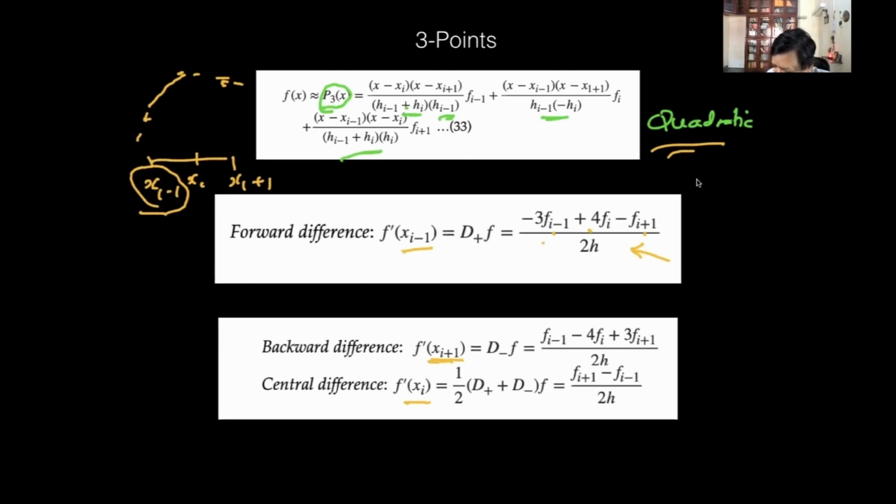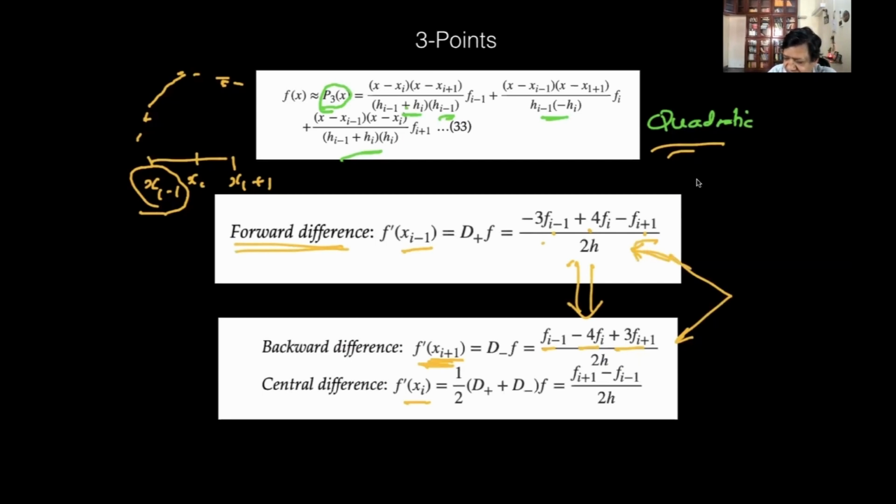This is fi minus 1 minus 4 fi plus 3 fi plus 1, divided by 2h. Okay, these two functions are different, right? So the derivative at xi minus 1 is a forward difference because I'm looking ahead, and the derivative computed at xi plus 1 is a backward difference. I'm looking backward, and these two formulas are different. See?